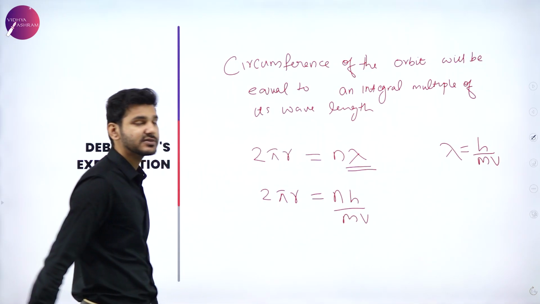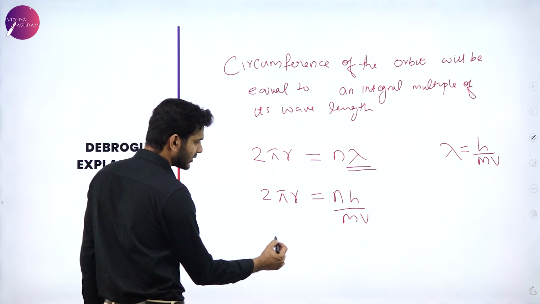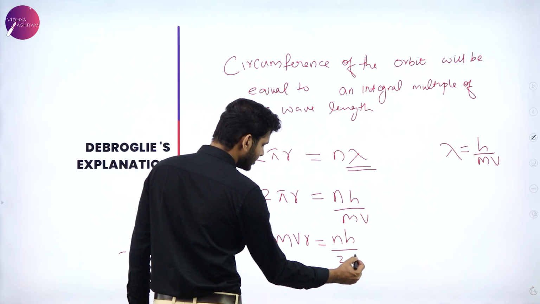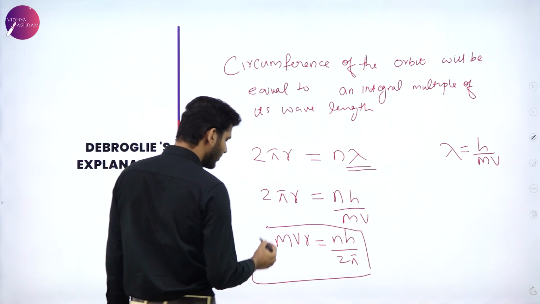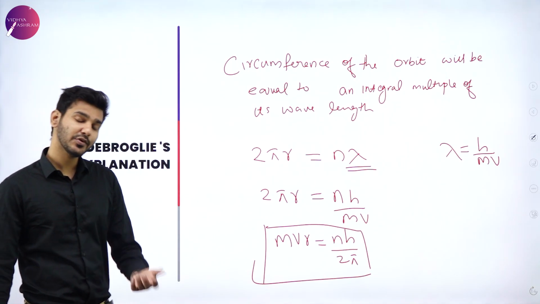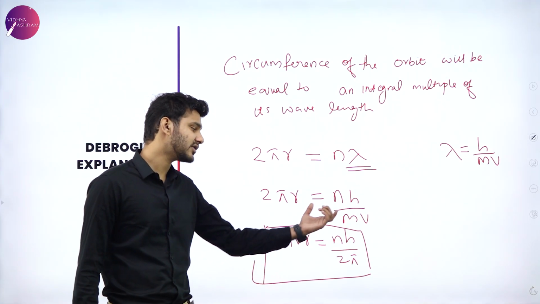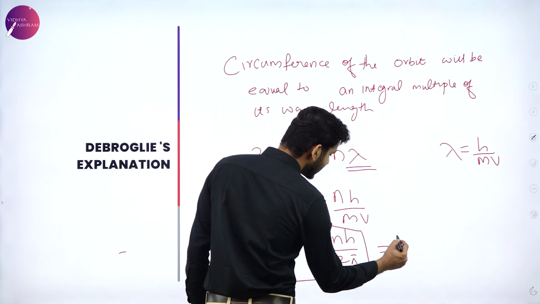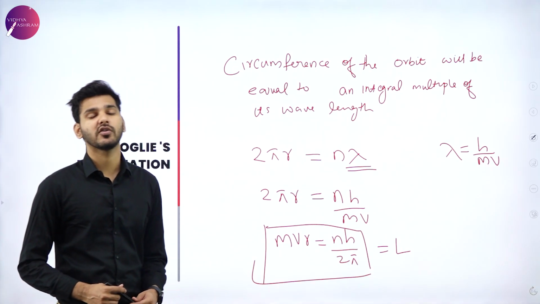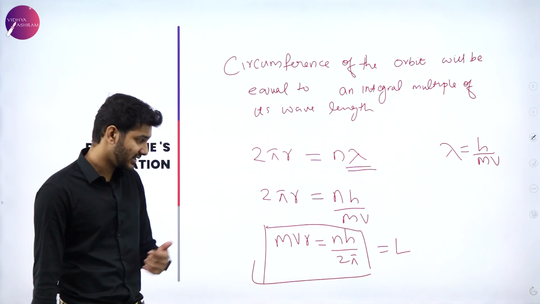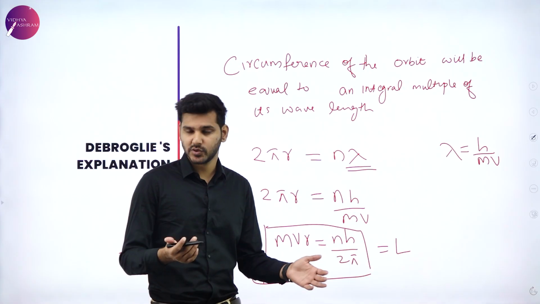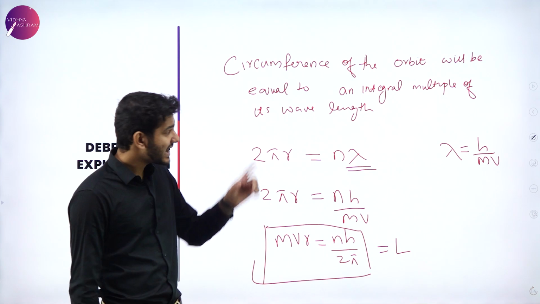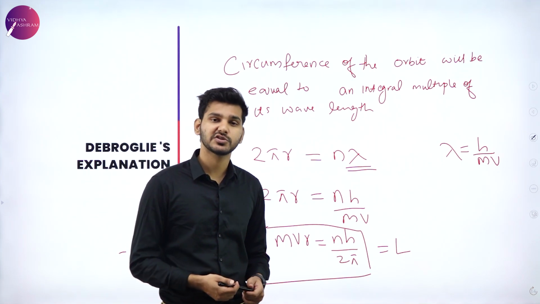If I rearrange this equation, I can say that mvr is equal to nh divided by 2 pi. So when we go with de Broglie's hypothesis, we get the result mvr is equal to nh by 2 pi, which was the exact prediction of Niels Bohr for the angular momentum of the electron in the stationary orbit. So there is no contradiction. Both of them are agreeing very well with each other, which means his hypothesis also is very much plausible.